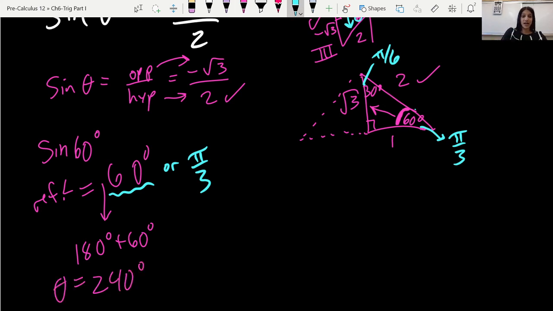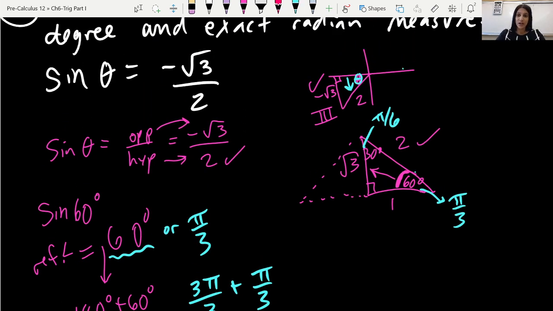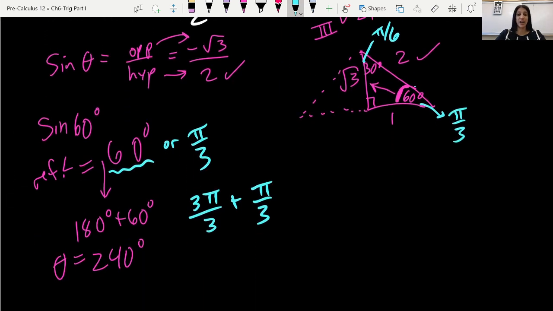And similarly, for the pi, I would want to do 3 pi over 3 plus pi over 3. On the unit circle, if I found my theta was pi over 3, I would want to also add this, which is just pi, but that's the same thing as 3 pi over 3 when I think in terms of fractions.